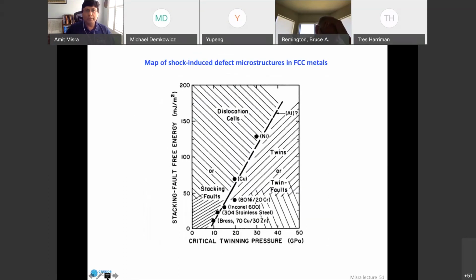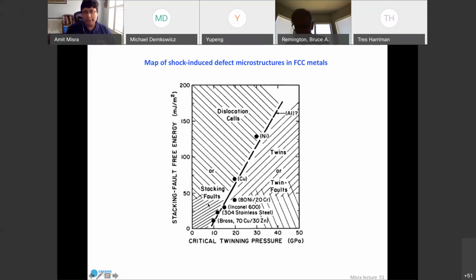And finally, I will show that you can map out the stacking fault energy versus the critical twinning pressure in shock. This also is taken from Meyer's book. And you have two regions where you have higher stacking fault energy and low shock pressure. So that's where you get dislocation cell structure. When you have lower shock pressure and lower stacking fault energy, then you get stacking faults.